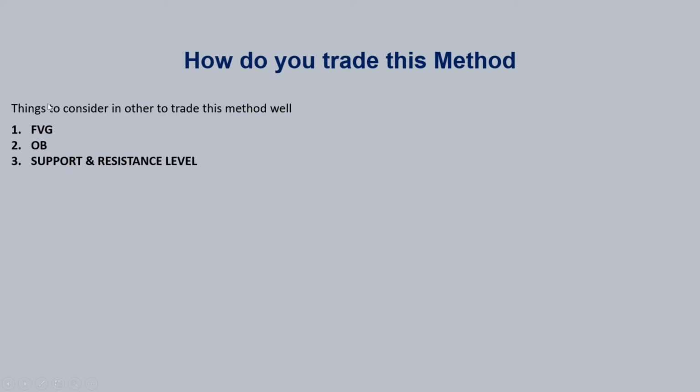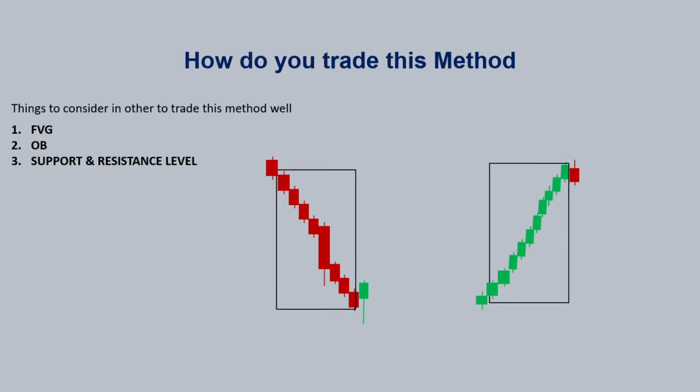So if I'm going to enter into this trade, I have to look for all these three. I might see only a fair value gap, or only an order block, or only support and resistance, or I can see both. There's no problem. So far as one of these is available at that moment, I'll be entering the trade, right? So let's look at this.